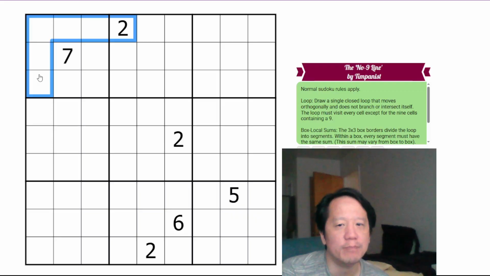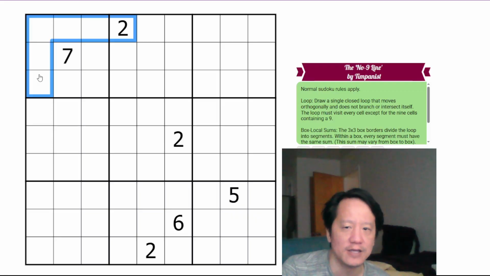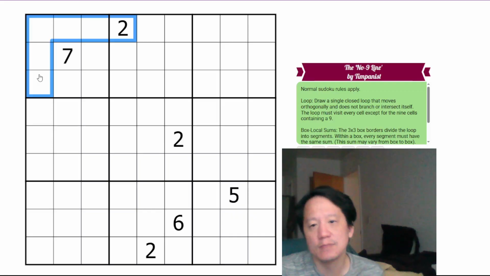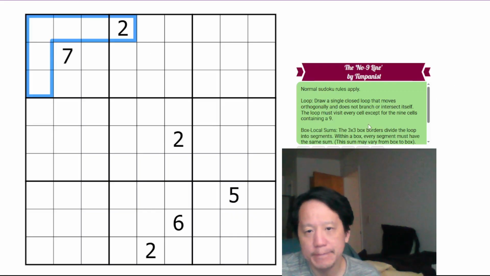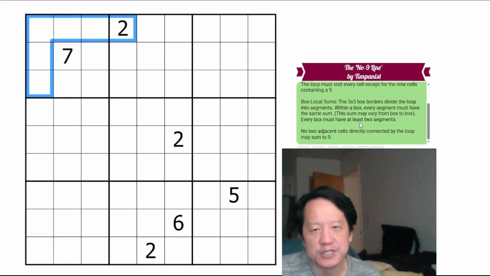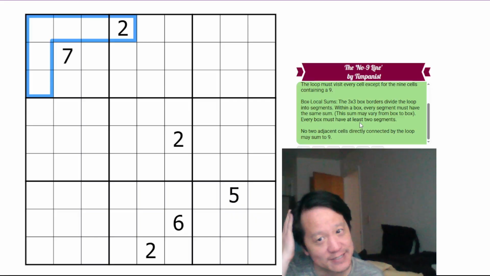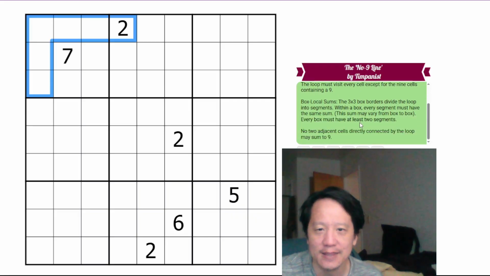The loop must visit every cell except for the 9 cells containing a 9. Interesting. That's why this is the no-9 line. Sorry, not loop, it's the no-9 line.